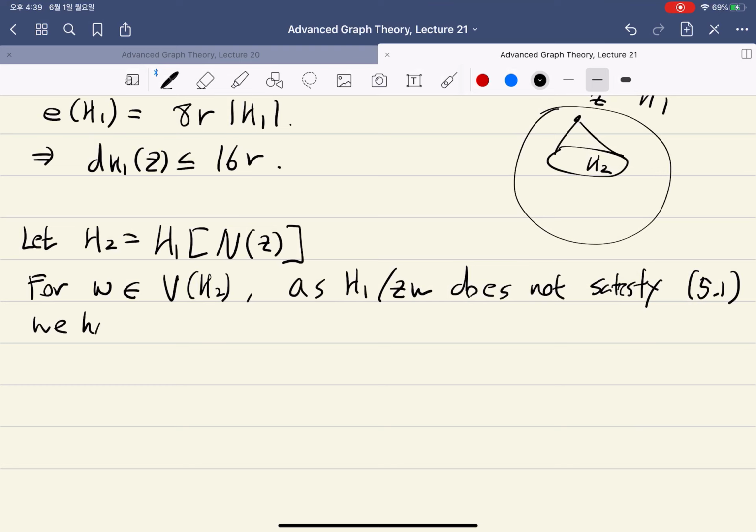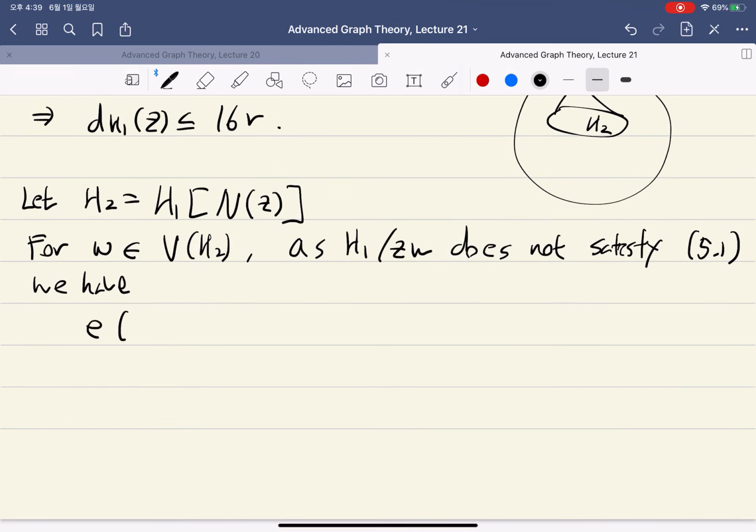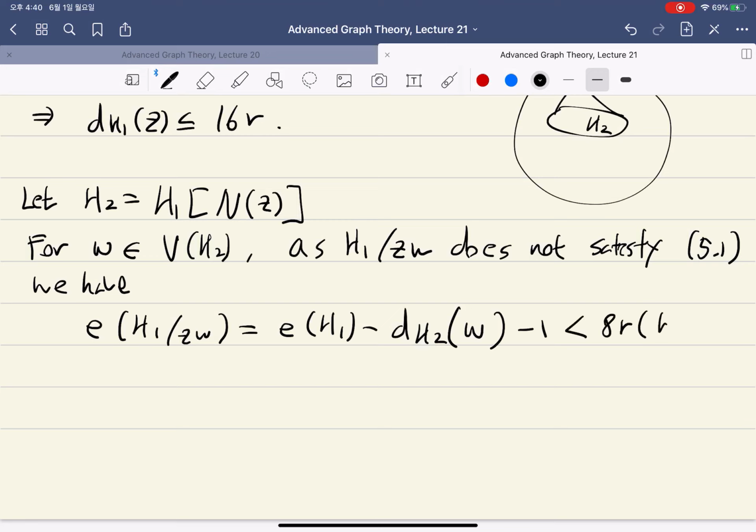So we have the number of edges in H1 minus GW is the number of edges minus the degree of W inside of this H2 minus one more edge in here, which is smaller than 8R times |H1| minus 1.